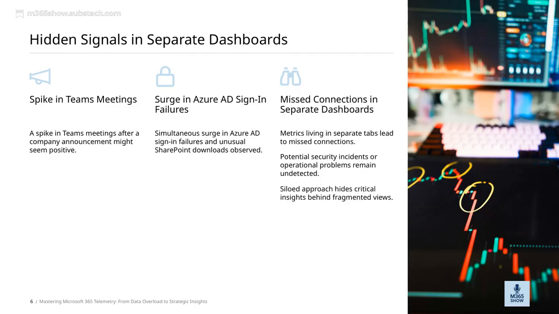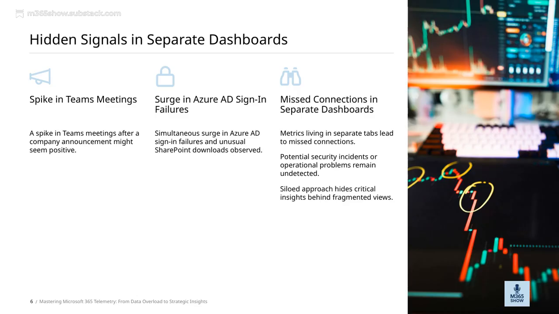For example, we might notice a surge in Azure AD sign-in failures at the same time we see unusual activity in SharePoint downloads. But if those metrics are on separate dashboards, connecting the dots becomes difficult. Similarly, a spike in Teams meetings following a company announcement might seem positive, but it could also signal something worth investigating further.